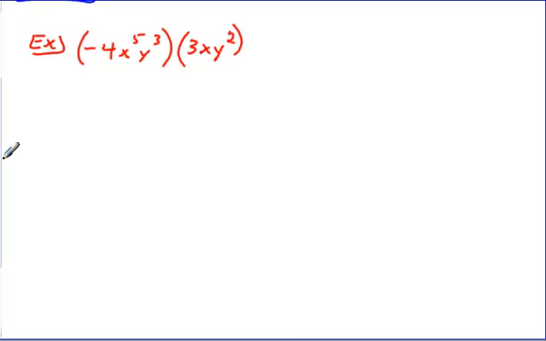When you look at your numbers, 4 times 3 gives me what? Okay, 12, and I hear that it's negative. Sounds good. Help me out with those variables. You got it. Very cool.